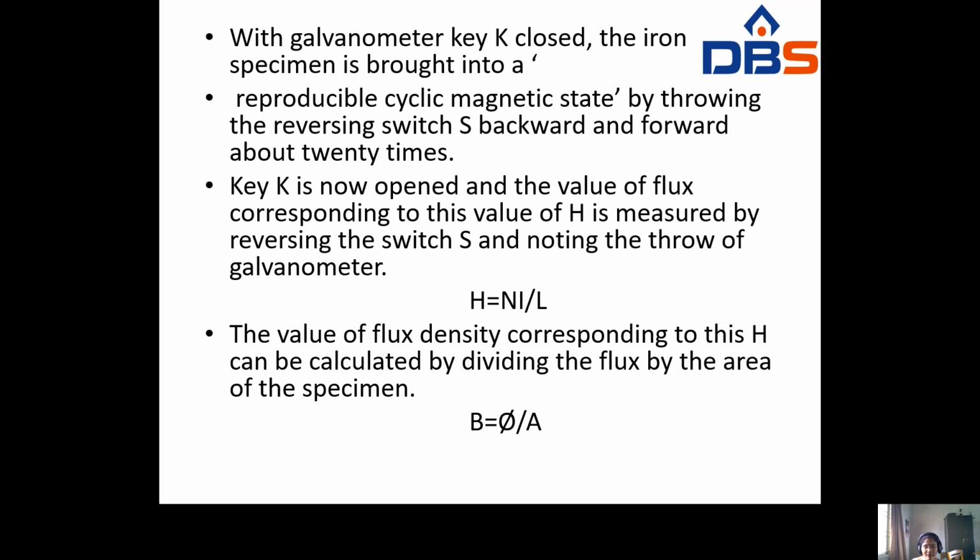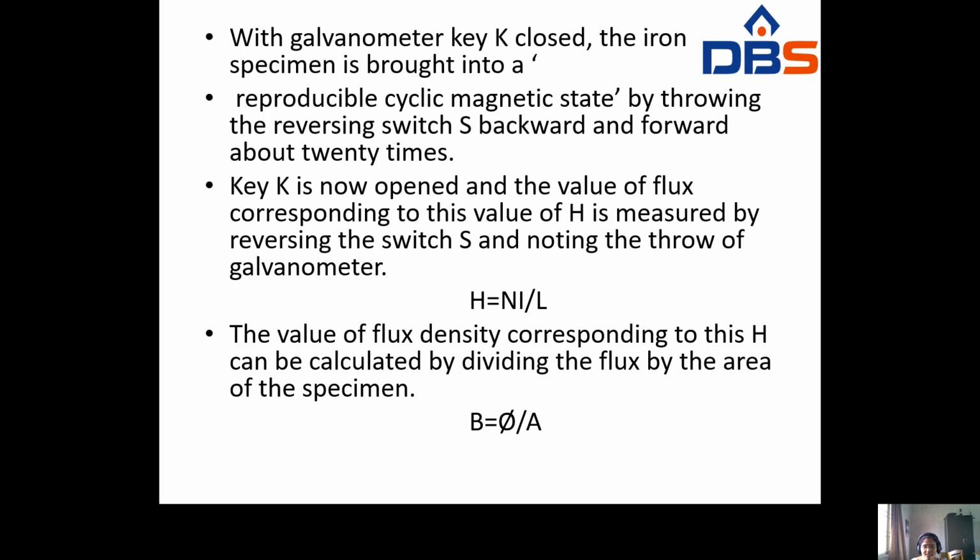Here you find H equal to Ni by L, where N is the number of turns of the magnetizing coil, I is the current flowing through the coil, and L is the length of the coil.